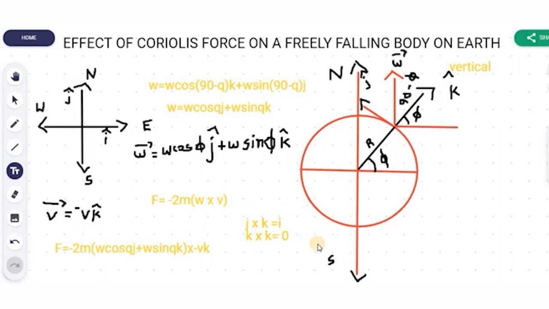That's what happens in vector cross products, and you might have studied it in maths and in your physics classes also. So the k term vanishes and j cross k becomes i.